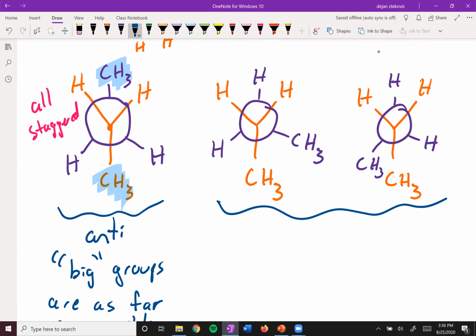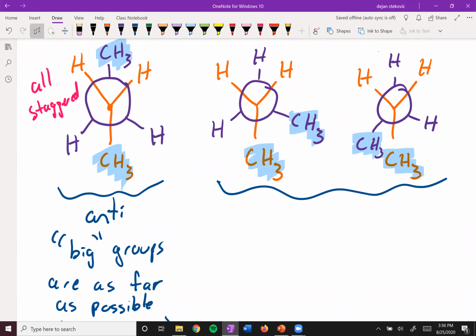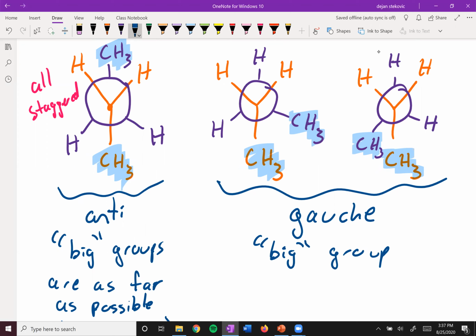Whereas if we take a look at these two on the right here, we can see that these big things are somewhat close to one another, right? They're still staggered, but they're next to each other. This conformer is called gauche. And in gauche, the big groups are next to each other.